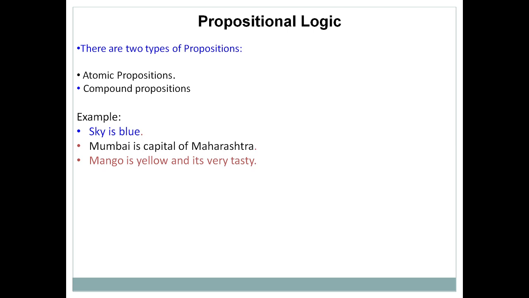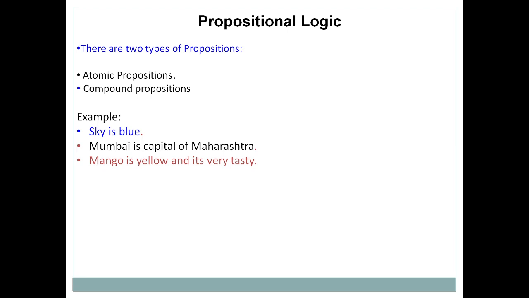Let's take a simple example. We are saying the sky is blue. Is this an atomic or a compound proposition? It's a simple, single statement, so it is an atomic proposition. Mumbai is the capital of Maharashtra is again an example of an atomic proposition. But if we say that mango is yellow and it's very tasty, then there are two statements.